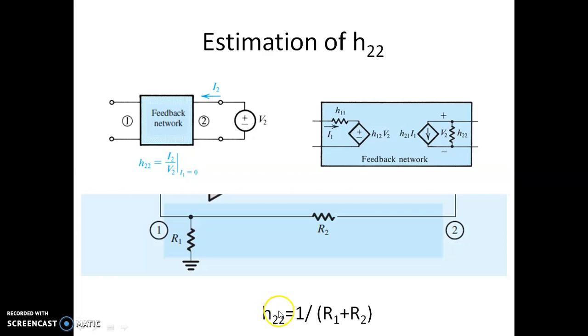Since H22 is an admittance parameter, H22 is given by I2 by V2. That happens to be because these two are coming in series. You can see R1 plus R2, because this is open circuited. You are applying a voltage V2 here, and you want to find what is I2 here. So the ratio of I2 by V2 with this open circuited happens to be 1 over R1 plus R2.